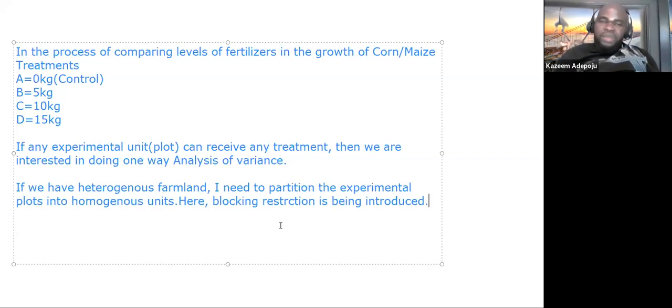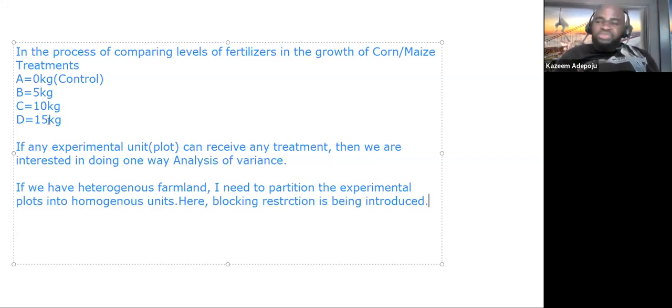This is what we do in the univariate setting, where the fertilizer is the same, but we consider it at different levels.